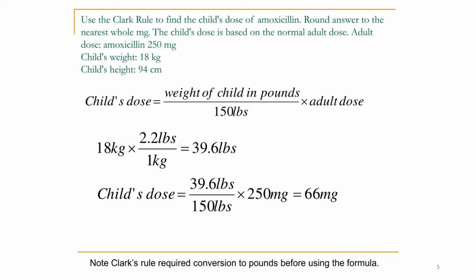You'll see at the bottom, it was 39.6 divided by 150 pounds times that average adult dose of 250 milligrams, which gave them 66 milligrams, which sounds about normal to me, just recalling some pediatric dosages. So that's how you're going to calculate those children's dosages using Clark's rule.